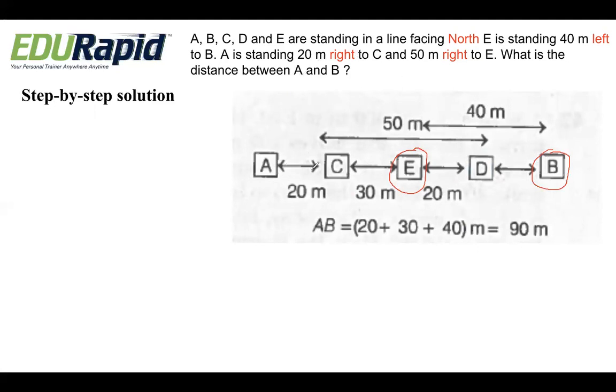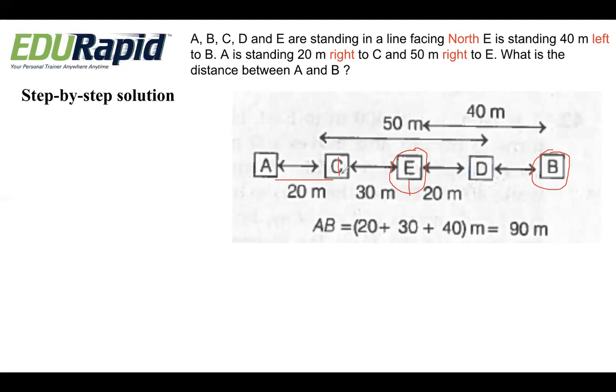And A is standing 20 meters right to C. From C, A is 20 meters here. And 50 meters right to E. So what does that mean? From E, this should be 50 meters. 20 plus 30 is 50 meters.